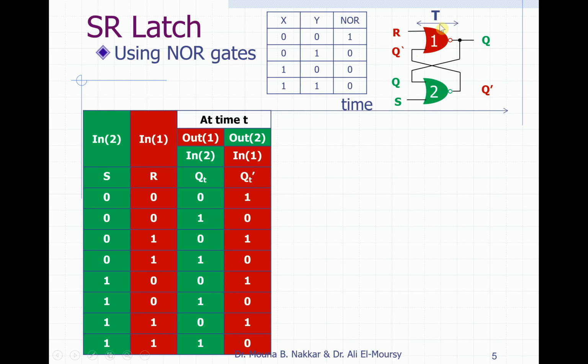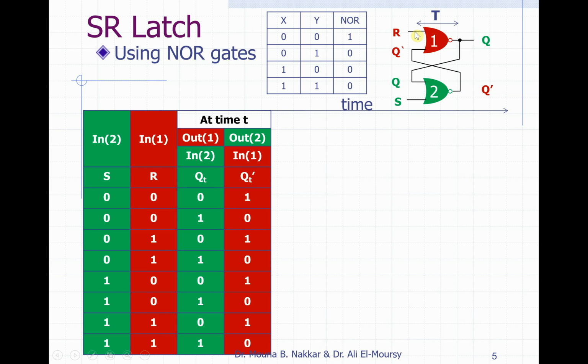However, replacing the inverters with NOR gates allows one extra input per gate. So I have the red NOR gate number 1 and another green NOR gate, number 2. Each of them has one extra input, which is an external input to the circuit.